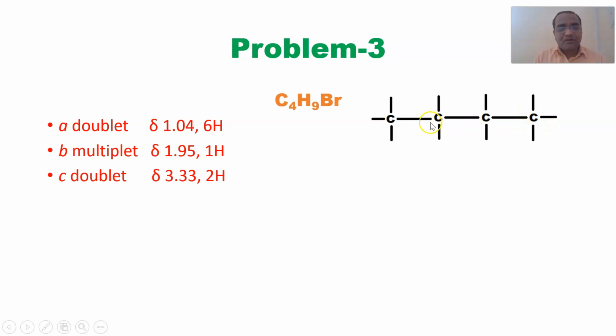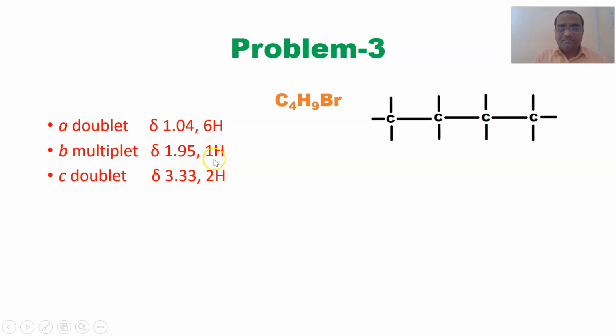So there should be a branch. Whenever we see hydrogen counts of more than 3, it will be 4, it will be 6, or it will be 9. So assume that more than one carbon is involved.